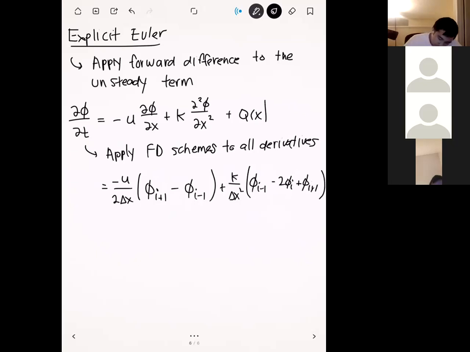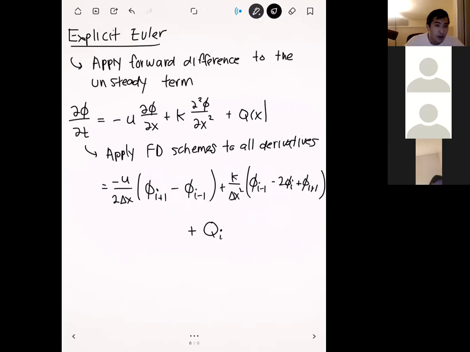Okay. And then we have our q i here. Okay. Let me fix the q so it looks different. And so all that we've done before, that's basically just applying our central difference schemes to our spatial derivatives.